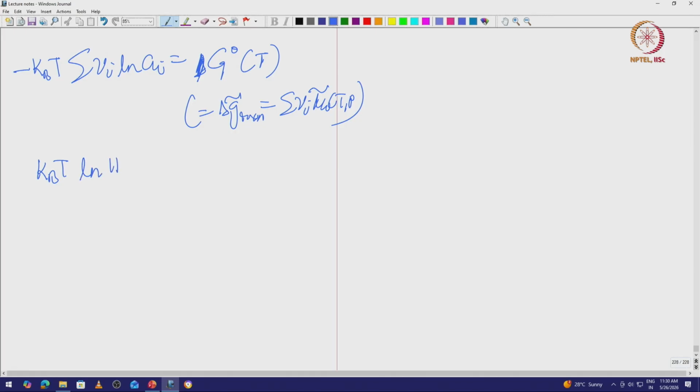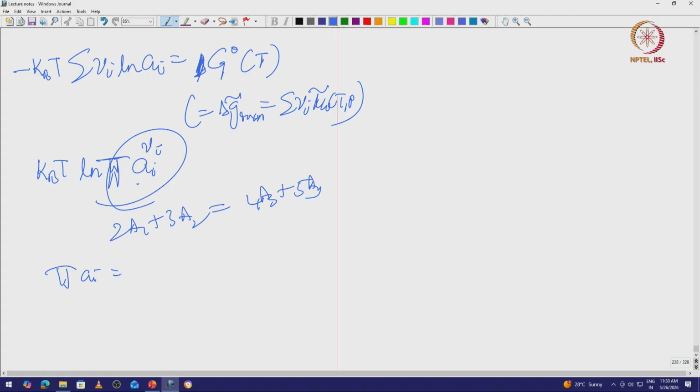kBT ln pi AI power nu I, pi meaning a multiplication, AI power. So, if I have 2 A1 plus 3 A2 gives rise to 4 A3 plus 5 A4, right, then this pi of AI power nu I is the activity of A3 power 4 times activity of A4 power 5 divided by activity of A1 square times activity of A2 cube.